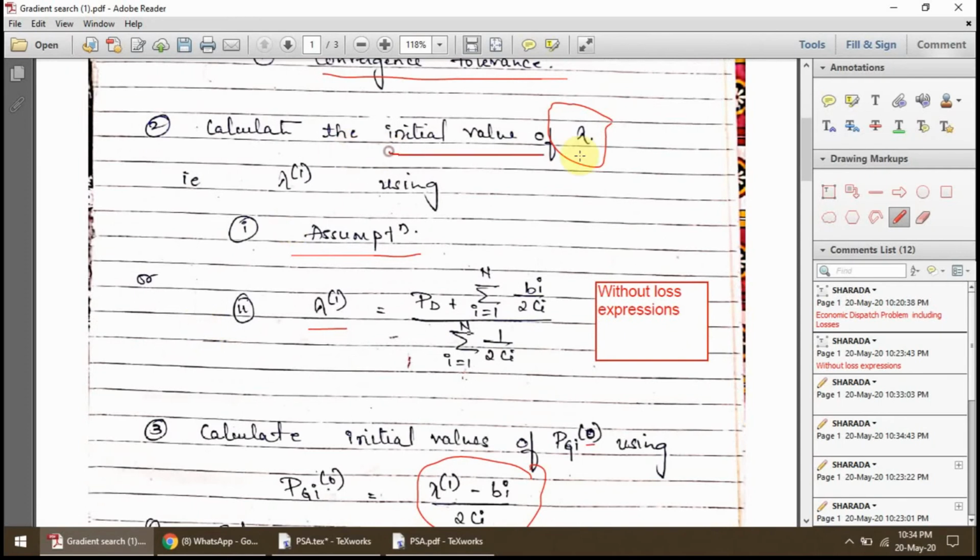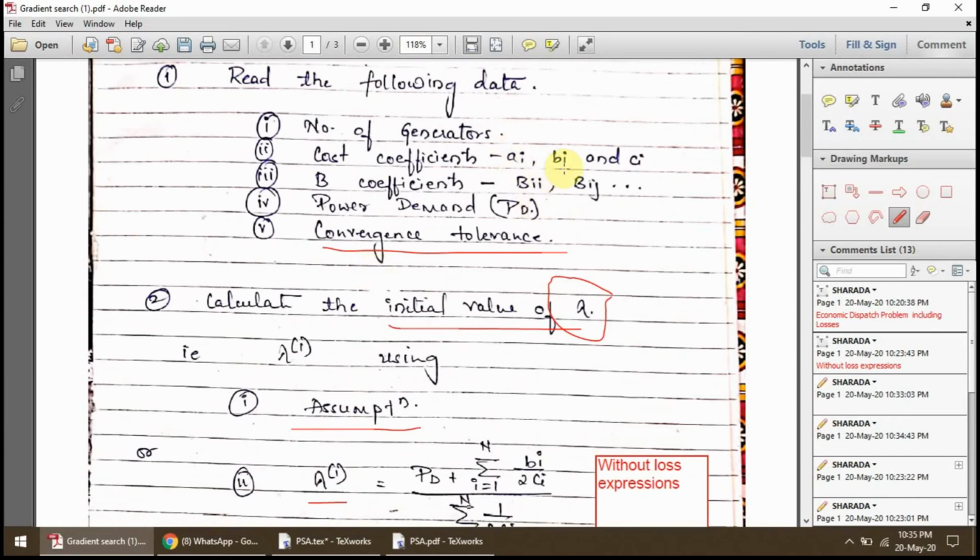First, we need to initialize the value of lambda. Now, initializing the value of lambda is based on two approaches. One is simple assumption. Second is determining it using this expression. Coming to the assumption part, you can assume the value of lambda, which should be nearer to the BI value.